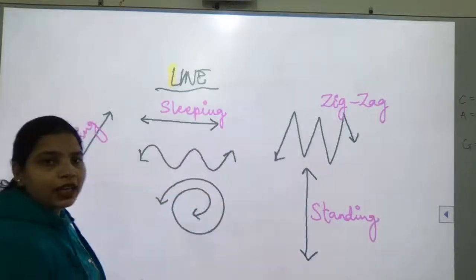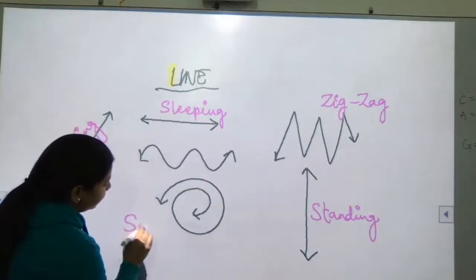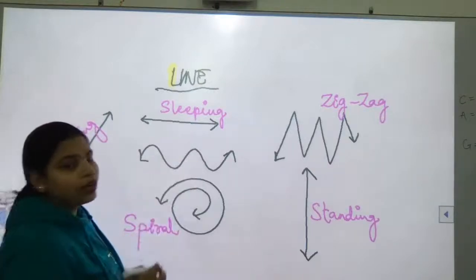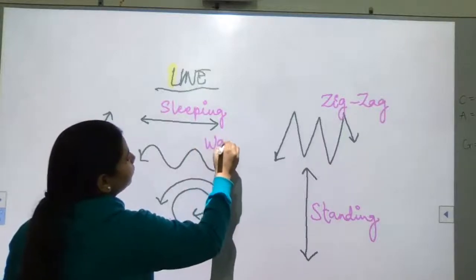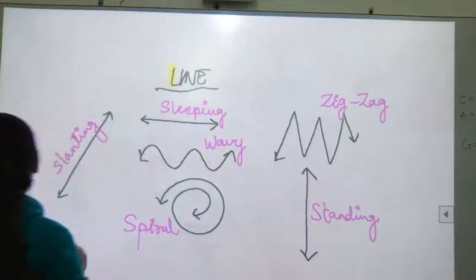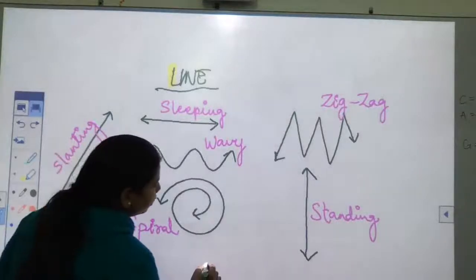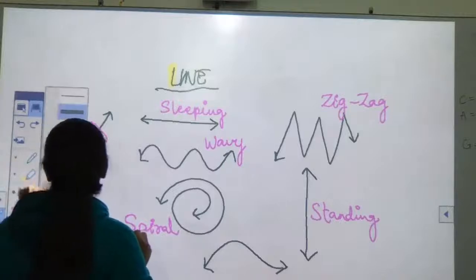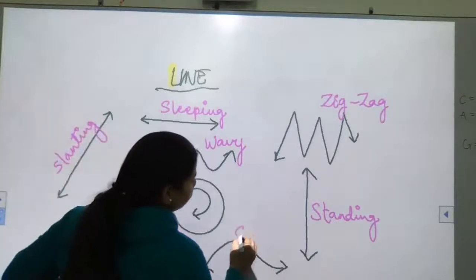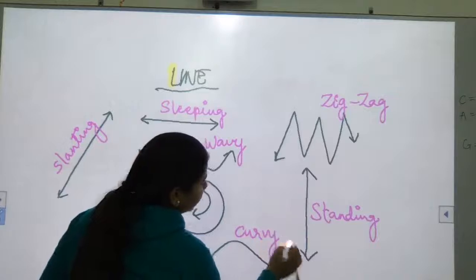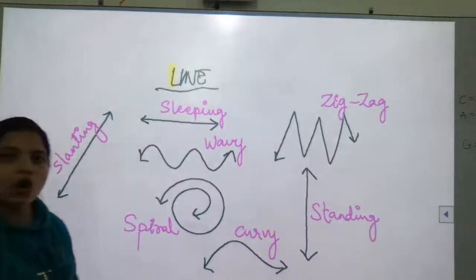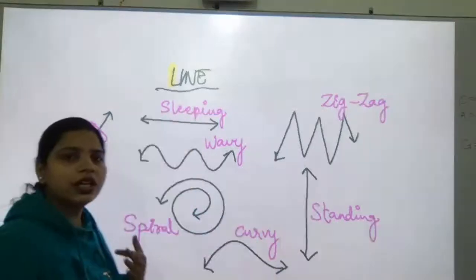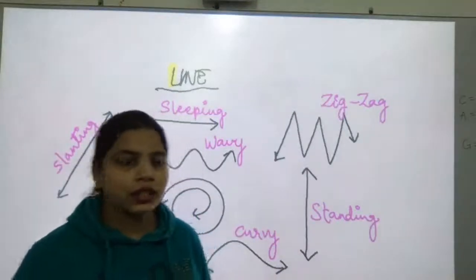And this is nothing but a spiral, so it is called a spiral line. This is called a wavy line. And we have one more. This is called a curvy line. So these are all types of lines. Fine, they have some names according to their shape.